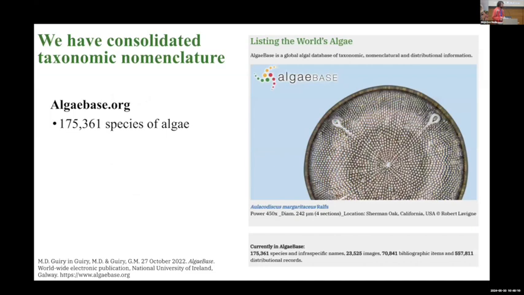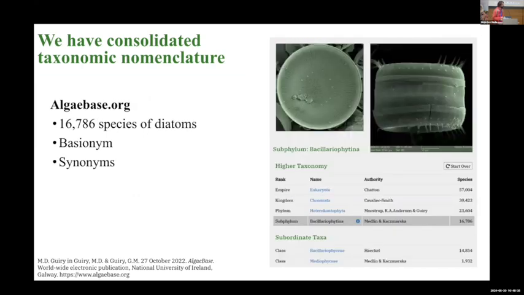So what we have in diatom land and a strong community of diatom scientists is really great consolidated taxonomic nomenclature, mostly from AlgaeBase, if you're familiar with it. It has about 170,000 species, almost 17,000 of those are diatoms, and this is really nice because it links basionyms, synonyms, homonyms, everything.